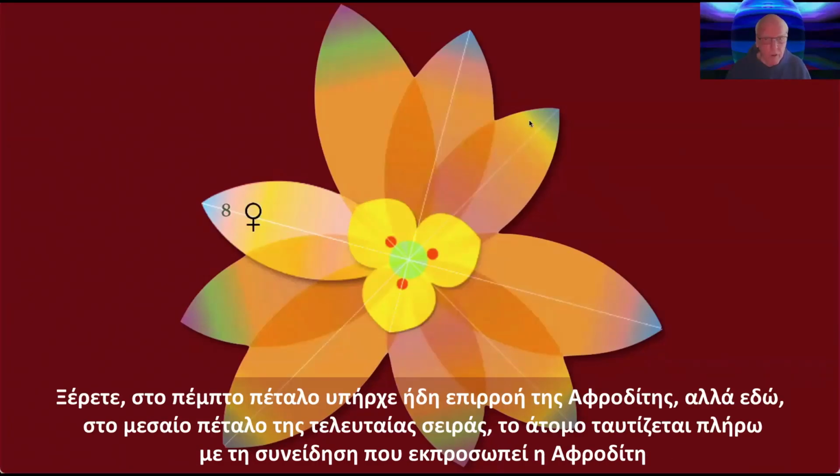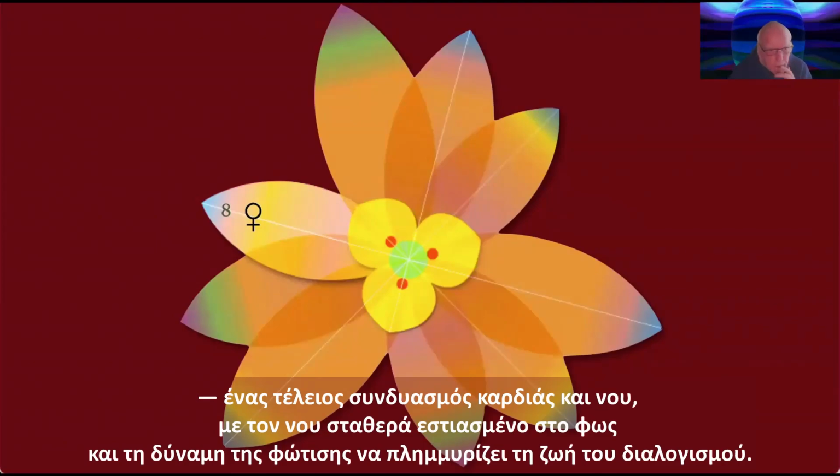In the 5th petal, the Venus influence came in, but here, on this middle petal of the last tier, one truly identifies with the consciousness that Venus represents. A perfect blending of heart and mind.